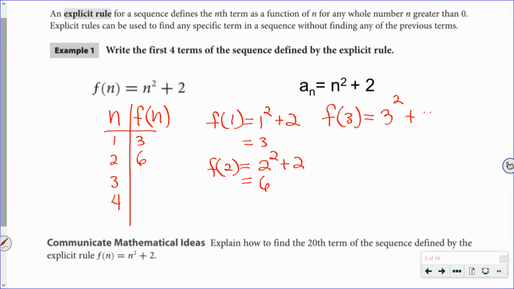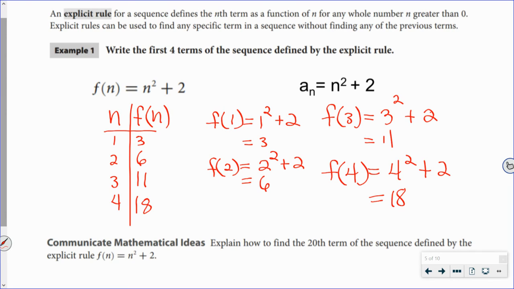So that's 9 plus 2, or 11. And then if it's 4, it's 4 squared plus 2, or 18. So the first 4 terms of this sequence, we could write as 3, 6, 11, and 18.